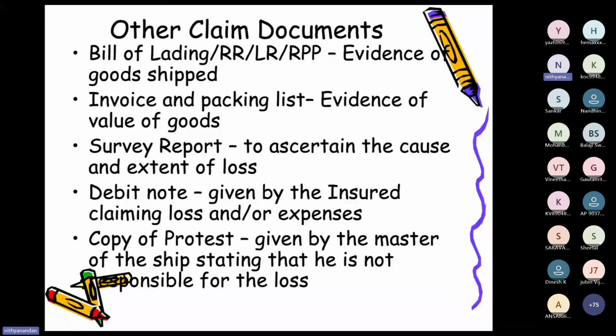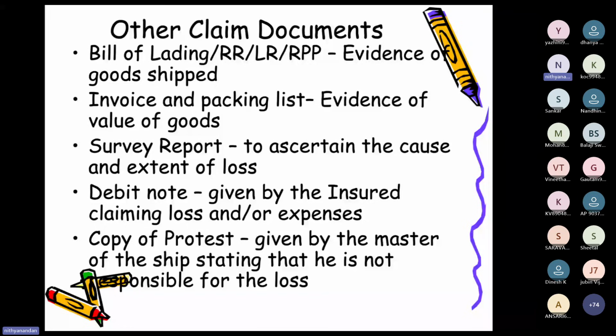Copy of protest is given by the captain of the ship. We need this document to know whether we are eligible for recovery rights or not. When the crew of the ship is negligent, and because of the negligence the loss happened, only then can we have the recovery rights.